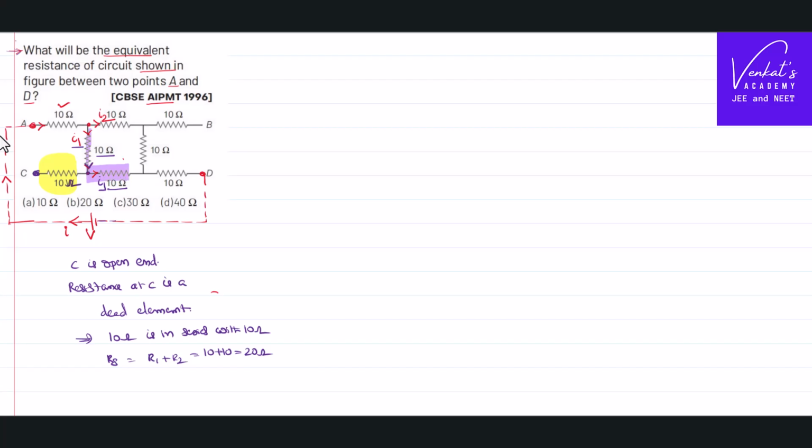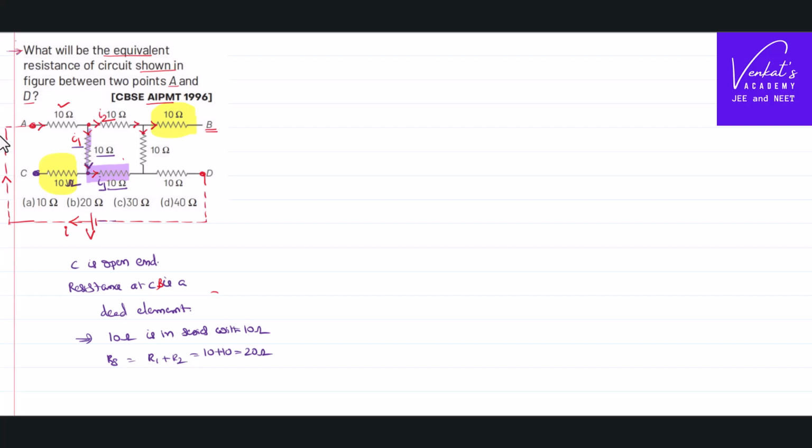Now, let us have a look at this I2. Again I2, after coming to this place, has to split between these two. Again the same story, B is an open end, it is a dead element. It is not only C, B is also a dead element, no current flows. Therefore, though this is physically there, it is not going to contribute any current or resistance to the circuit.